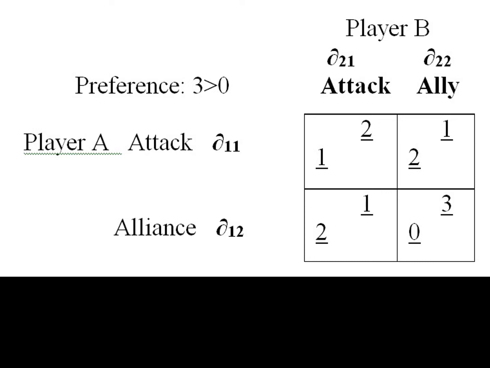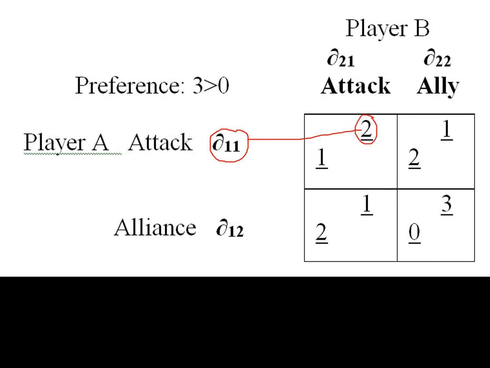That equation is made up of two formulae which equal each other. Each of those two formulas are going to contain the two variables that player A has, attack versus alliance. So these variables will be applied to the opponent's values, not player A's values, but player B's values, the values of the opponent, because it's the opponent that we're trying to make indifferent. So we're going to alter our behavior to make the opponent indifferent between their choices.